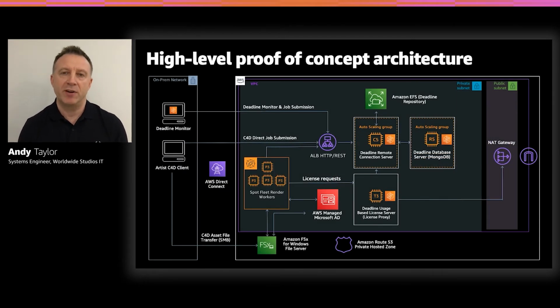Now, as a result of our CDK and beta RFDK deployment, we provisioned and configured all the necessary AWS and Deadline services. You can see here in this diagram in the center, we have the remote connection service installed and configured. That's a single point of connection for Deadline client components, and that's via an application load balancer.